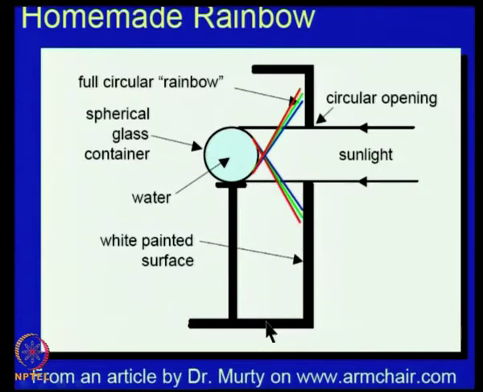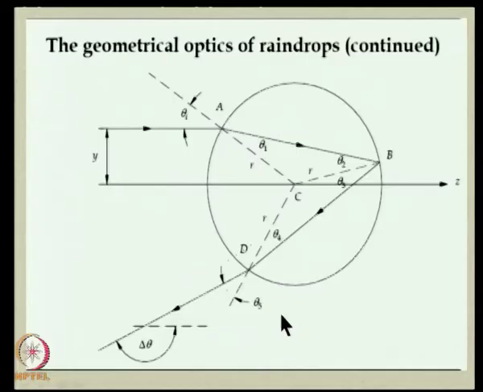All you need is a spherical glass container which admits sunlight from outside in, and on reflection on the wall you can get many kinds of rainbows. So, the simple geometric optics of the rainbow says that the ray coming in has to bend, and depending on this angle it can get totally internally reflected and then refract out.